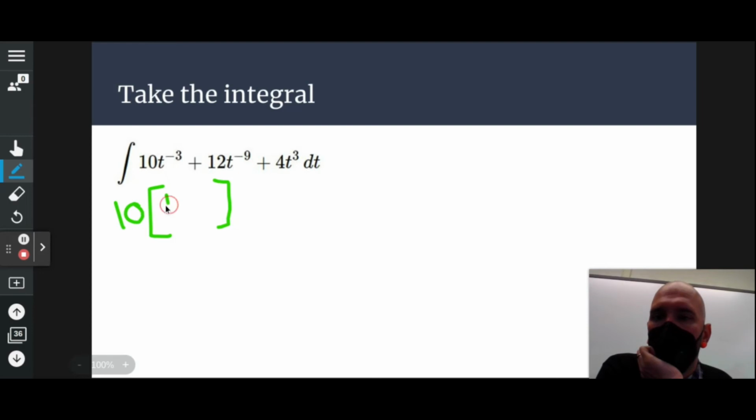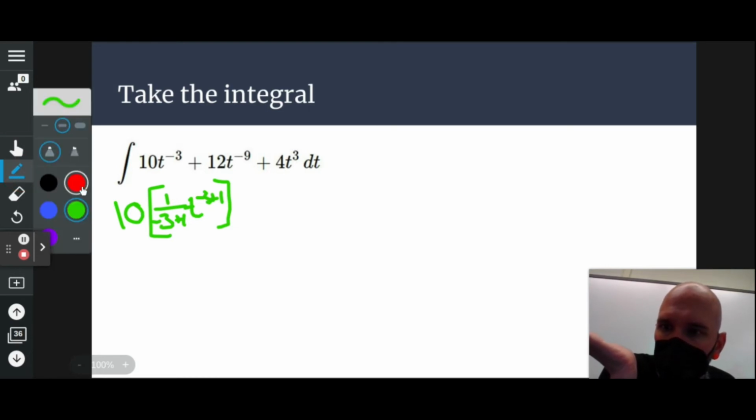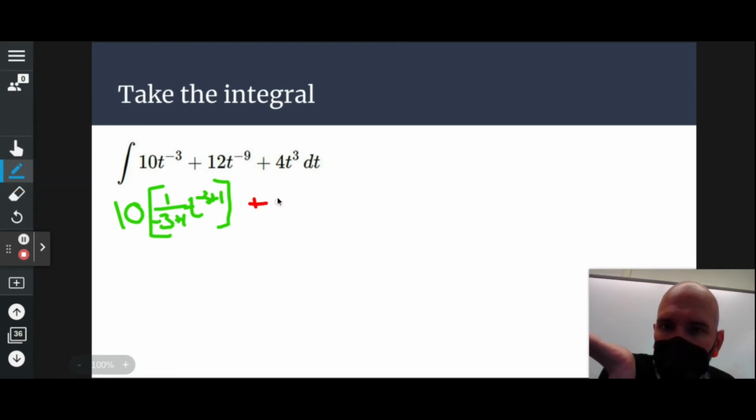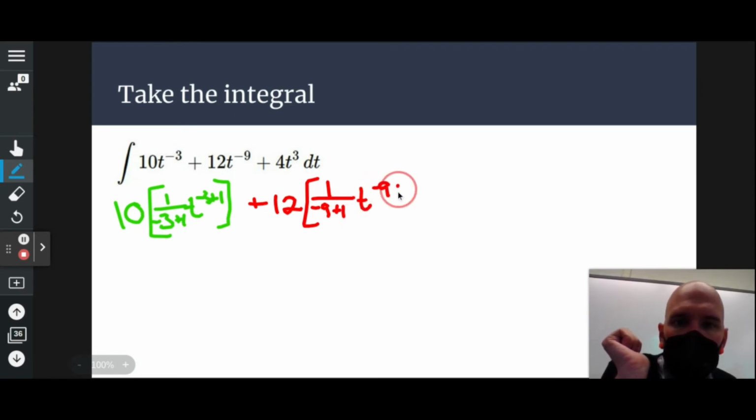I'm going to make that 1 over negative 3 plus 1, t to the negative 3 plus 1. And I'll clean that up in a minute. Plus, let's have the 12 out here. So 1 over negative 9 plus 1, t to the negative 9 plus 1.